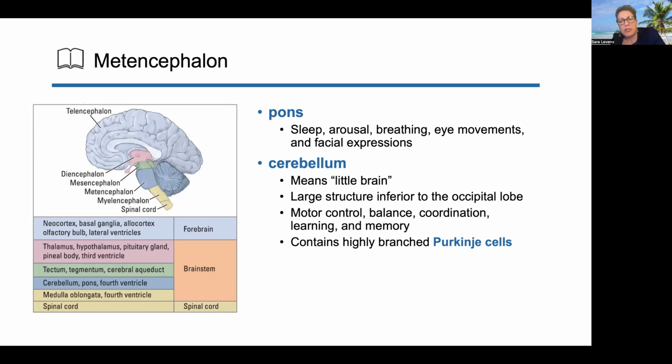It's a large structure that's inferior or ventral to the occipital lobe, and it's really key for motor control, balance, coordination, learning, and memory. And the cerebellum contains highly specialized branched neurons called Purkinje cells, which we'll probably get to later as well.